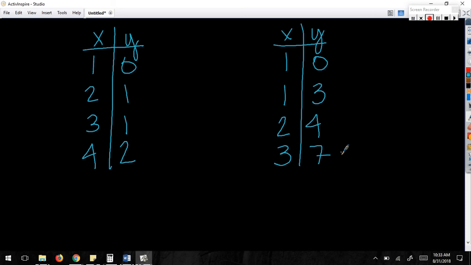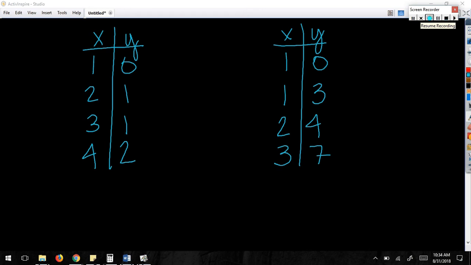Copy it down first and then we'll talk about it. One of these is a function and one is not. So remember, to be a function, it has a domain and range, or an input-output. Both of these do, right? They both have an X and a Y. And it can only have one output for each input. Okay? So let's look at it.